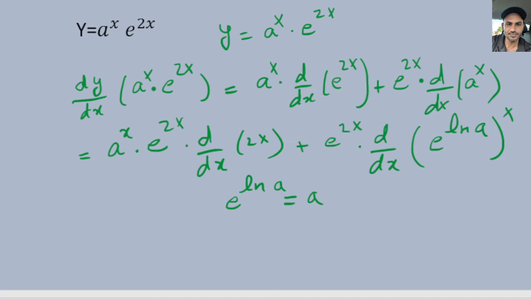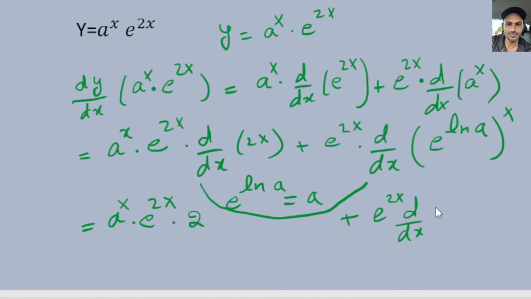So in the next step, we get a to the x here times e to the 2x, and then the derivative of 2x is just 2, plus this portion right here, e to the 2x, and the derivative d over dx of e to the ln of a, to the x. Okay, so this is what we get right here, just a to the x times e to the 2x times 2 plus e to the 2x times d over dx of e to the ln of a to the x.